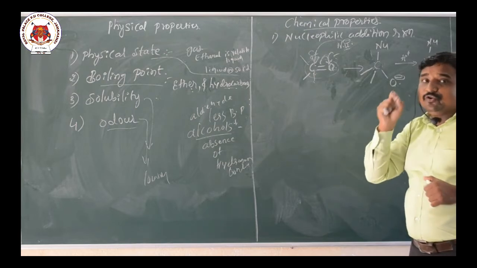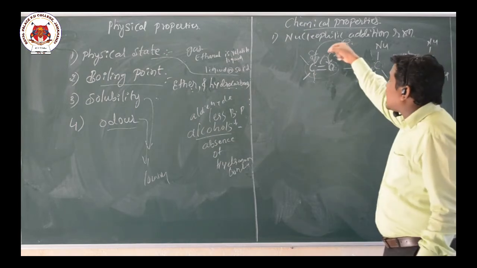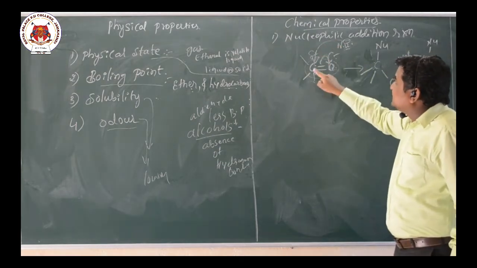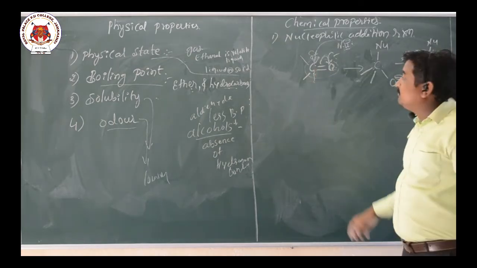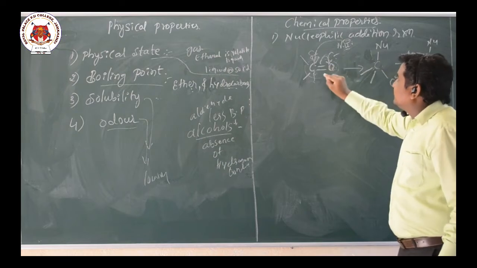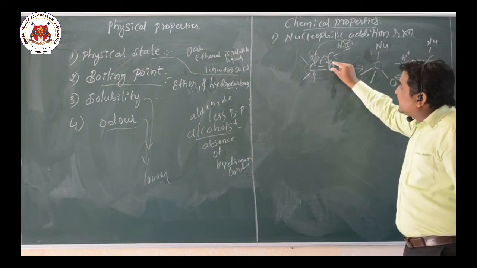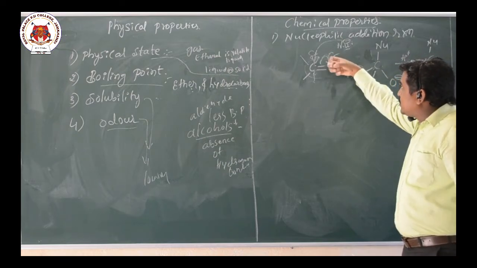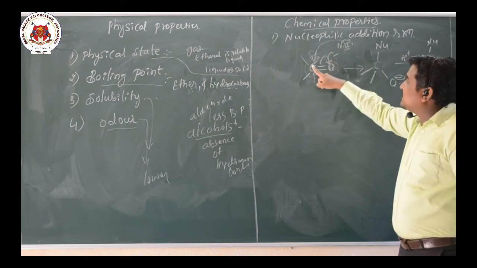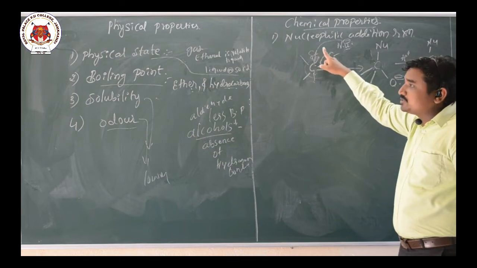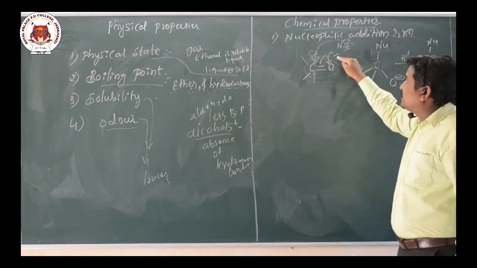The nucleophile attacks the carbonyl carbon only, because this carbonyl carbon is electrophilic in nature due to the presence of this oxygen. Oxygen is a more electronegative atom which withdraws electrons towards itself. So there is a formation of a partial positive charge here, and this oxygen takes a partial negative charge.